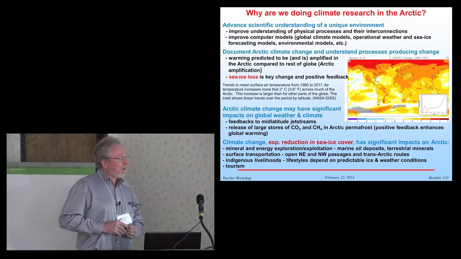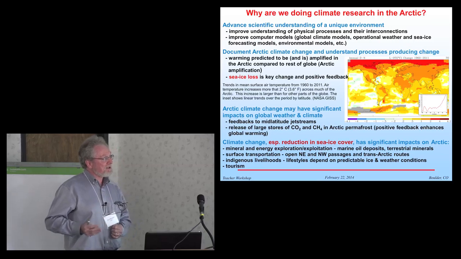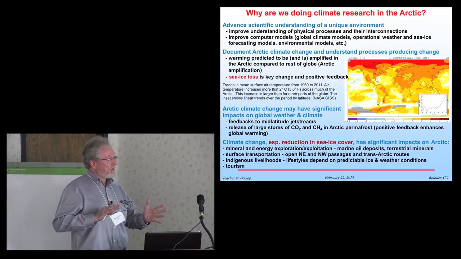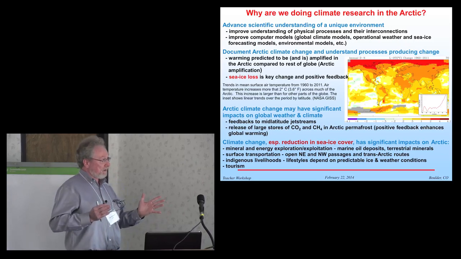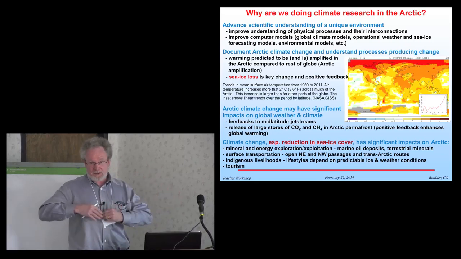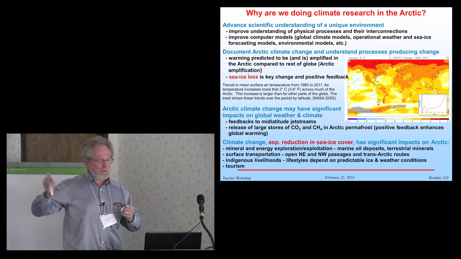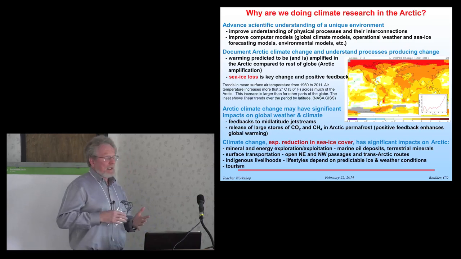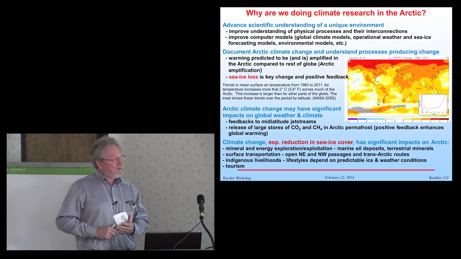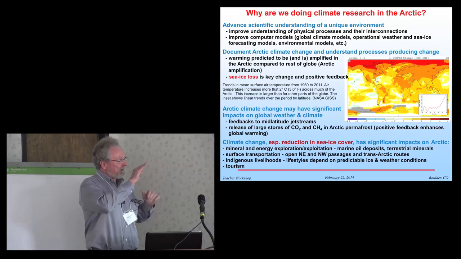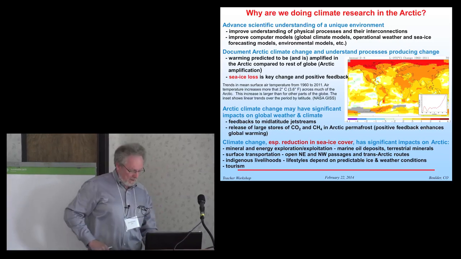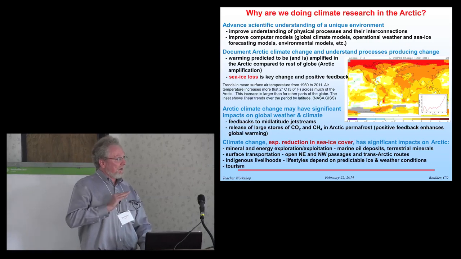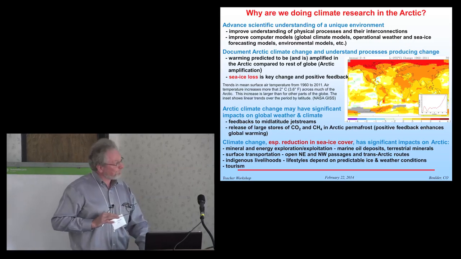And so we are trying to improve the understanding of physical processes and their interconnections, and to apply this understanding to computer models. So that could include the global climate models that are making these global warming predictions, also operational weather and sea ice forecasting models, and other types of environmental models. So that's the way you apply the understanding you get from making the measurements and trying to understand the physical processes.